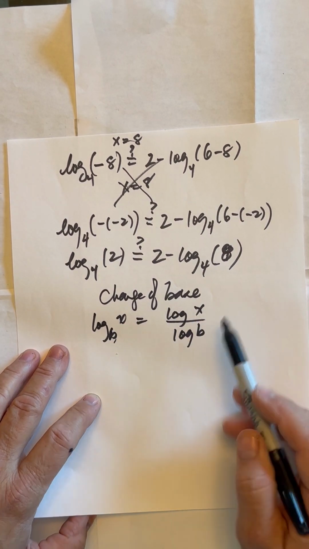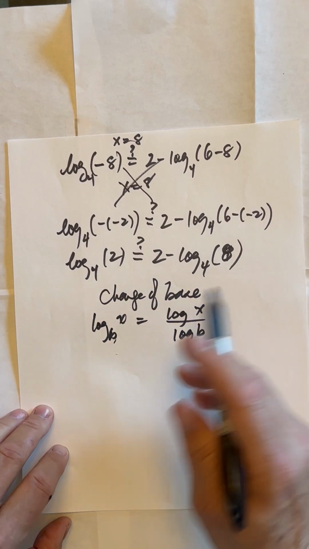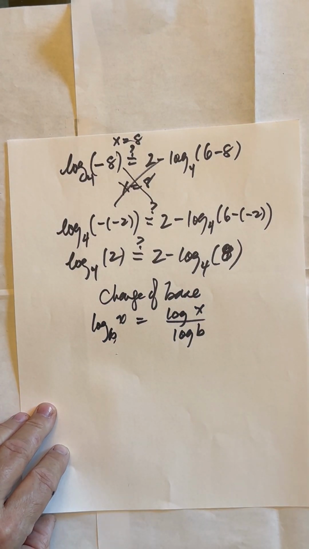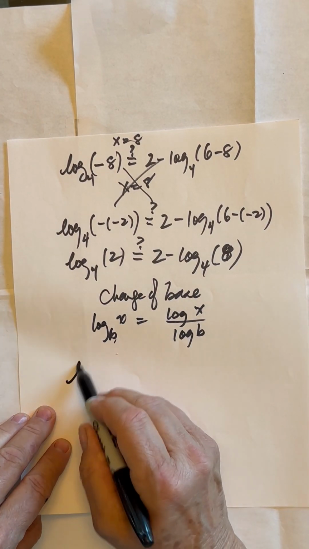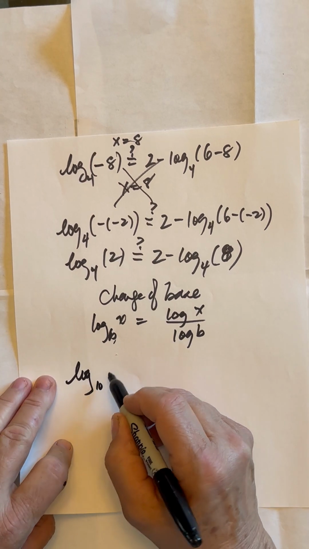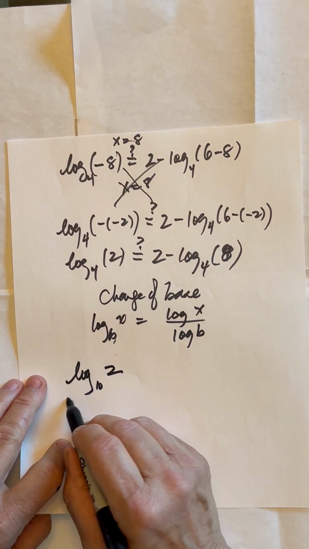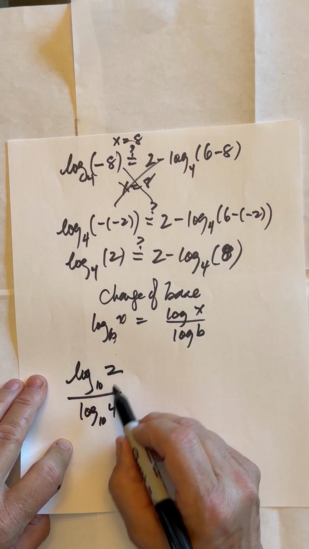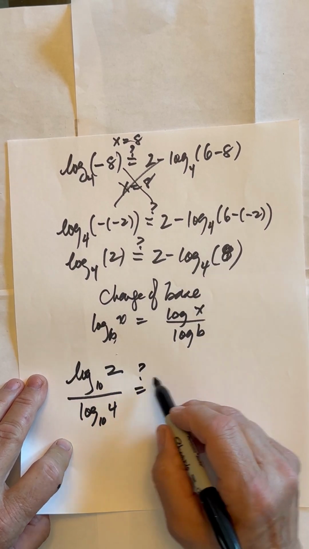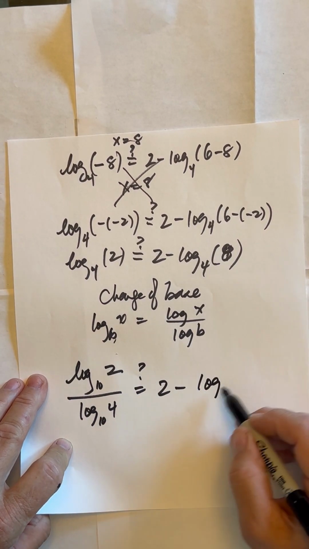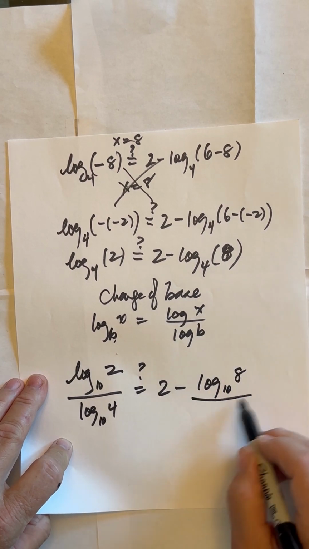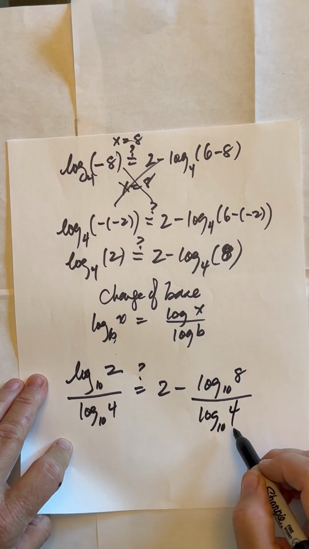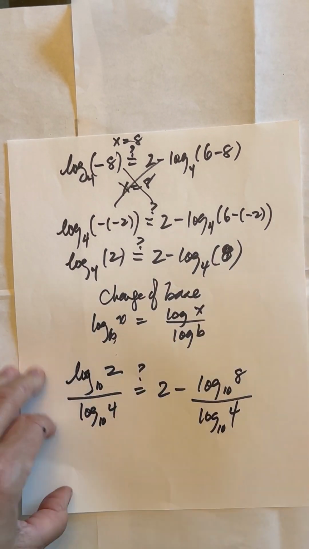In this case, I'm going to change this into a log that I can use, base 10 or e. I would say log base 10 of 2 over log base 10 of 4. Does that equal 2 minus log base 10 of 8 over log base 10 of 4? Okay, so let's go ahead and do that.